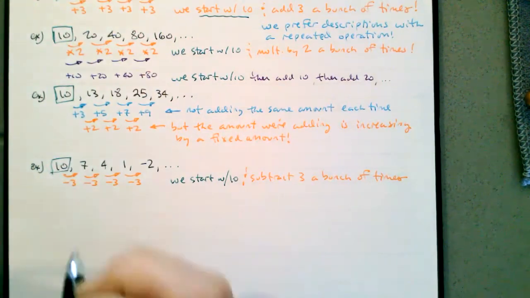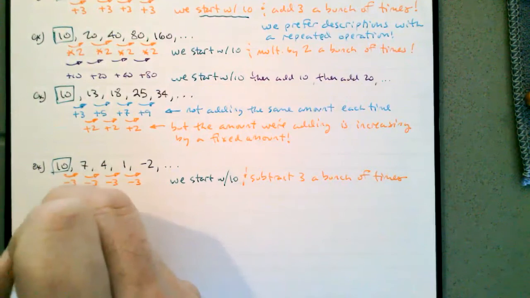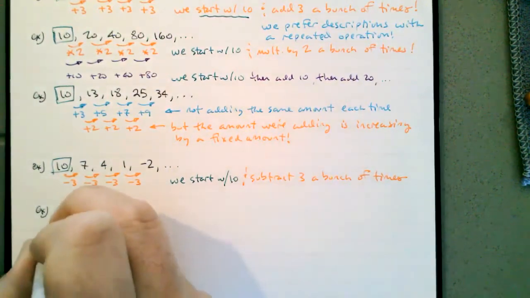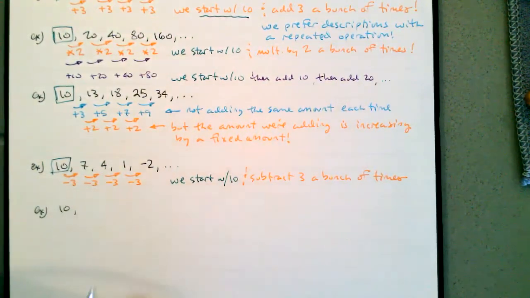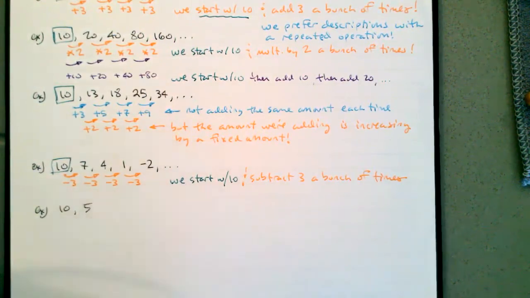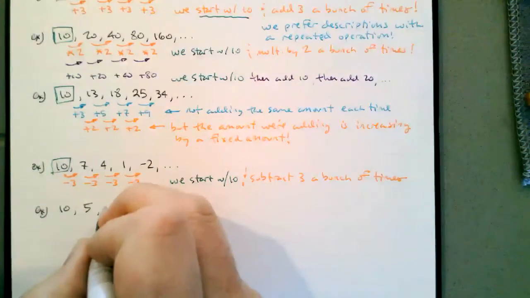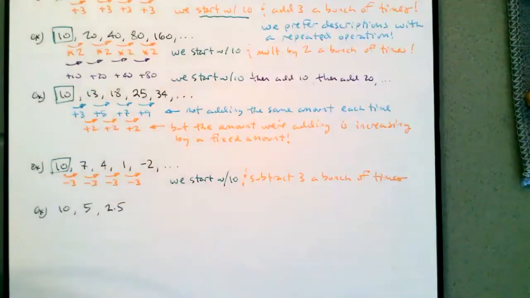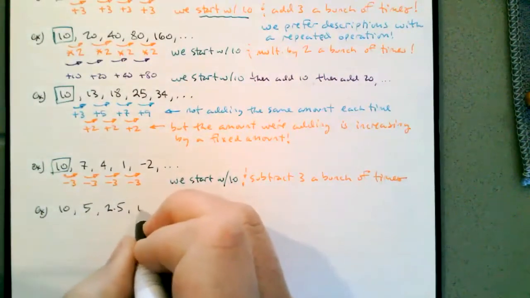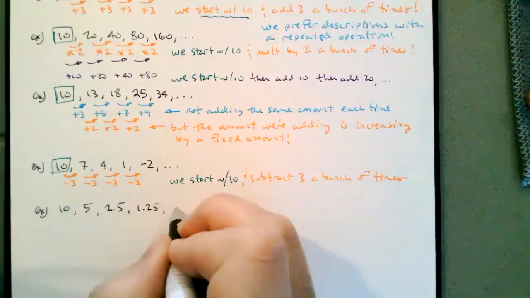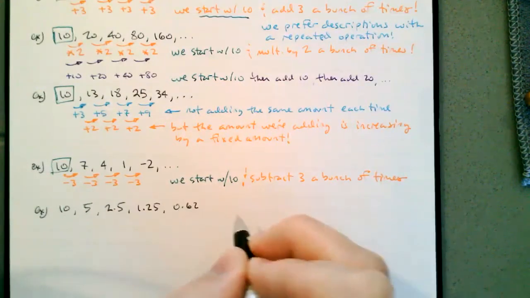Or we could have a pattern of division. If I start off with 10, because that's what I'm starting off with today, apparently, I write a 5 and say, oh, well, are we subtracting 5 or are we dividing by 2? And the next one shows up as 2.5 and says, we're dividing by 2. After 2.5, we'll get a 1.25 and then a 0.625.